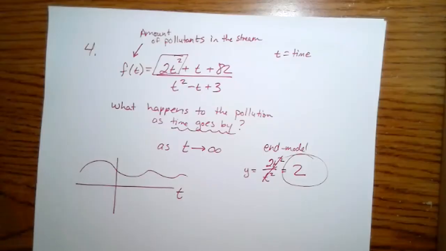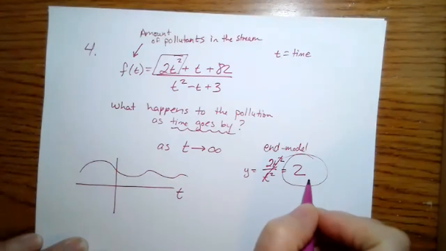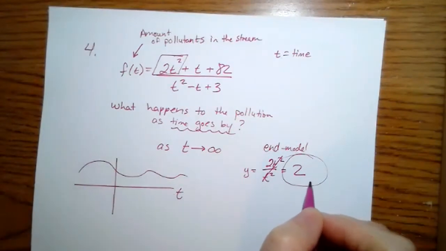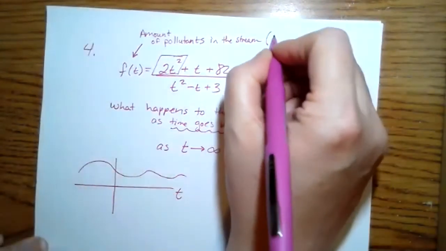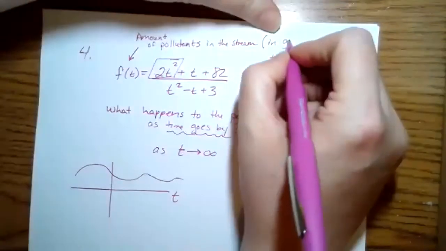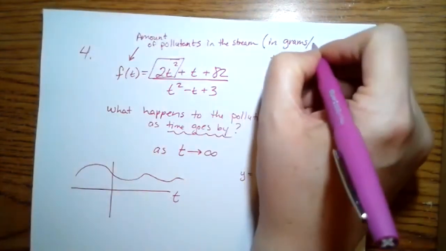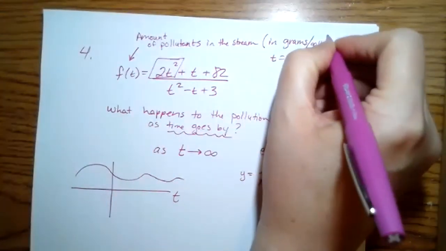How do we measure it? Grams. I didn't catch that. What was that? The units? What are the units? Would it be grams? Grams per gallon or something like that. Yeah. Grams per gallon of water.